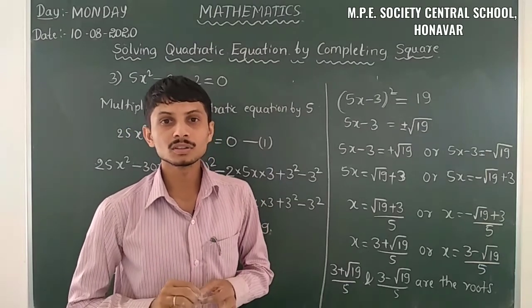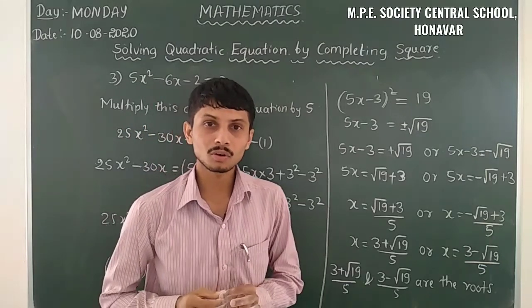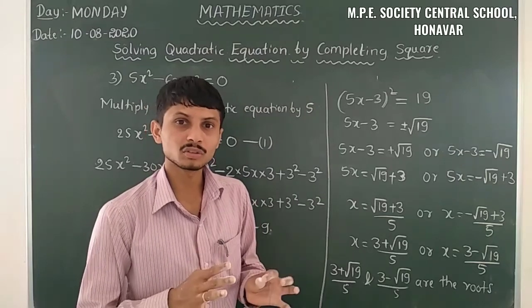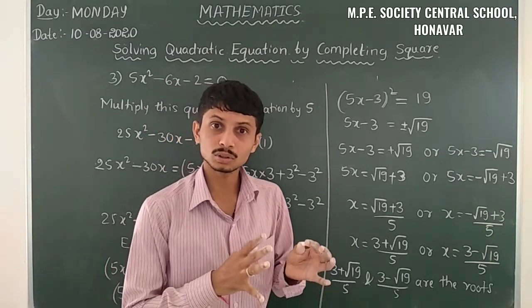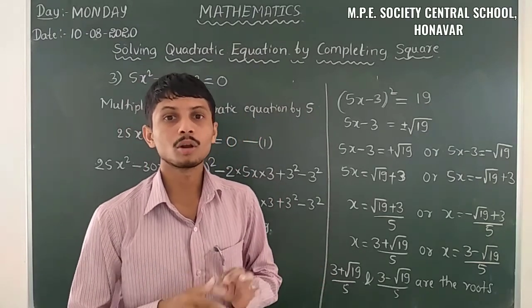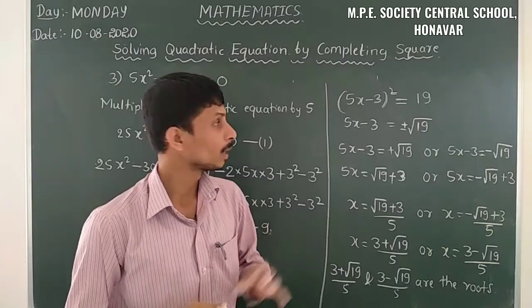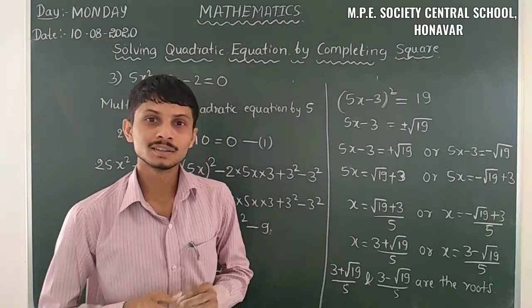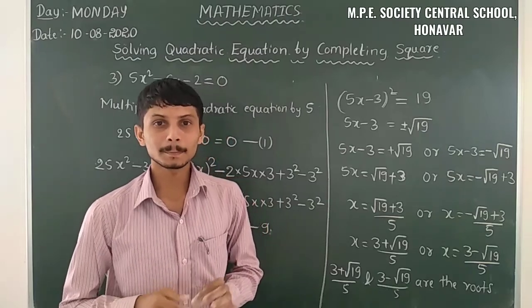So this is about the method of solving a quadratic equation by completing square. There are some situations when quadratic equations cannot be solved by factorization, then we can take the method of completing square.